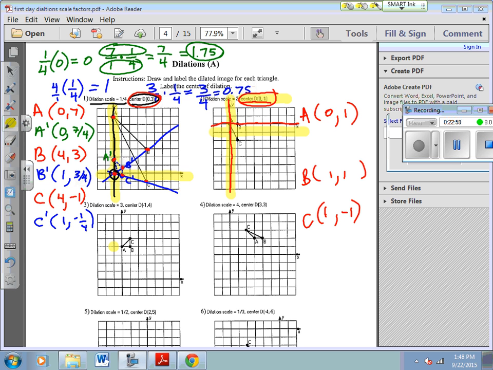That means my x-axis now is up there and my y-axis is right there. Does that make sense? Yeah? Now, use that to figure out the coordinates of that figure now. Okay?